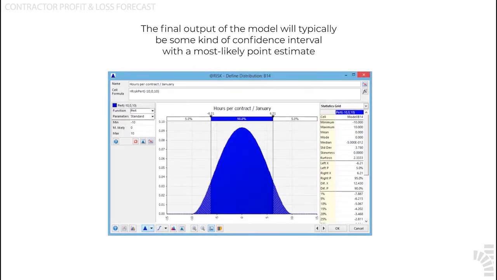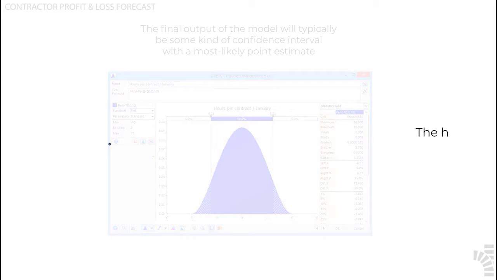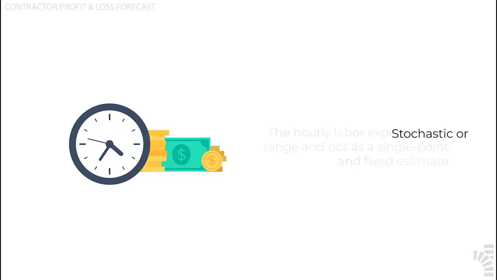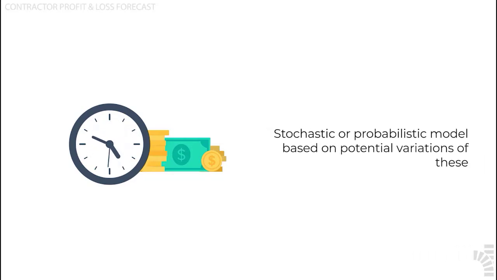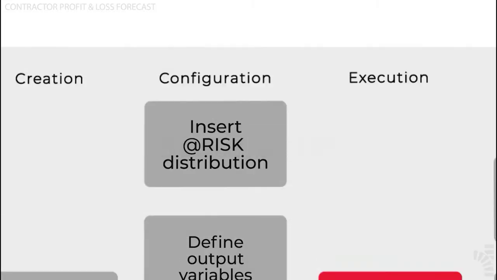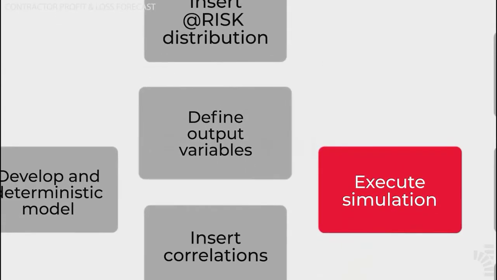For example, when we consider the hourly labor expenses as a range and not as a single point and fixed estimate, we are creating a stochastic or probabilistic model based on potential variations of these expenses. All key variables will be considered probabilistically as ranges, therefore creating a model that will fully express as a stochastic one.